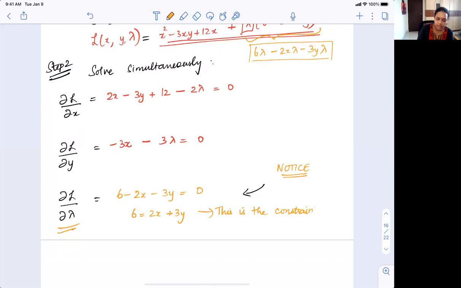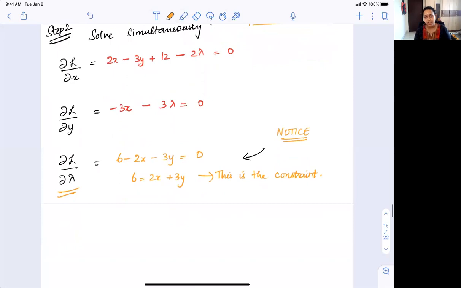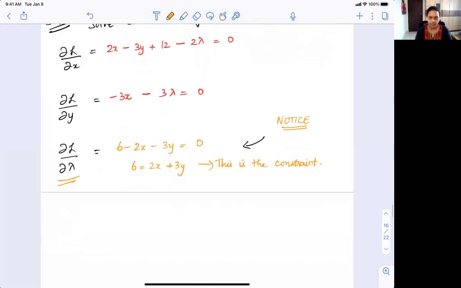So the partial derivative with respect to the Lagrange multiplier just gives you back your constraint. Okay, so now we have these 3 equations and we have to solve them simultaneously.